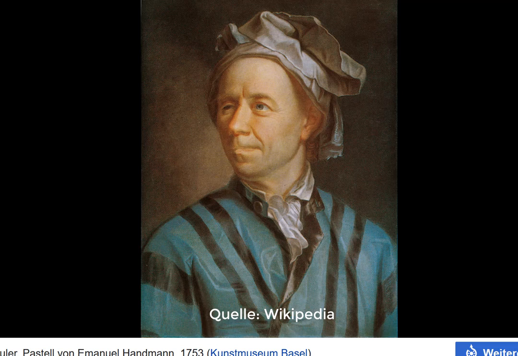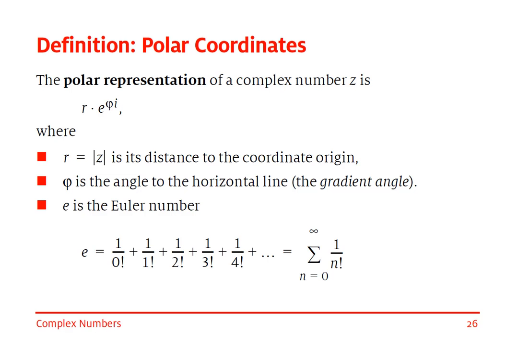The Euler number e is named after the famous Swiss mathematician Leonhard Euler, whom you see on this picture. Unfortunately, I cannot give you the mathematical background of this representation r times e to the power of phi i, because this would require a lot of very deep mathematics, and we don't have the time to give this mathematics here.